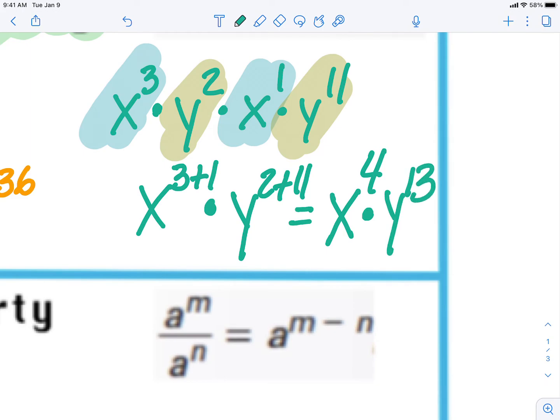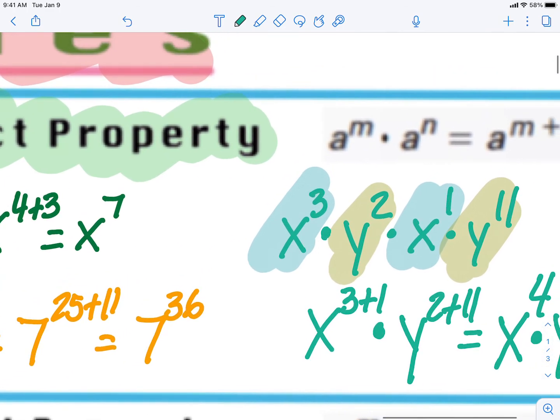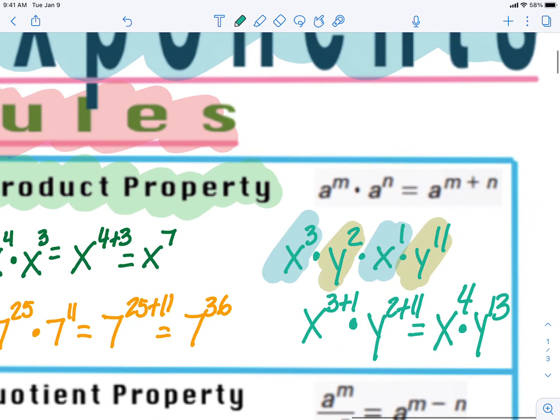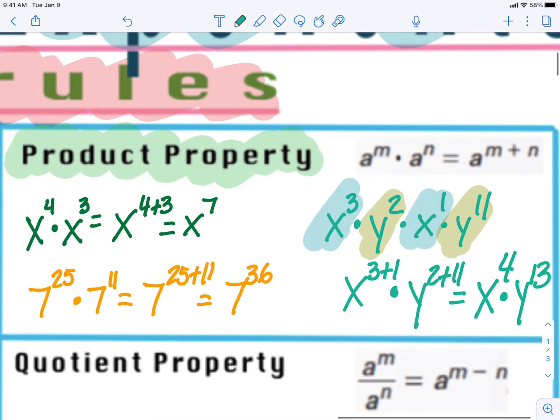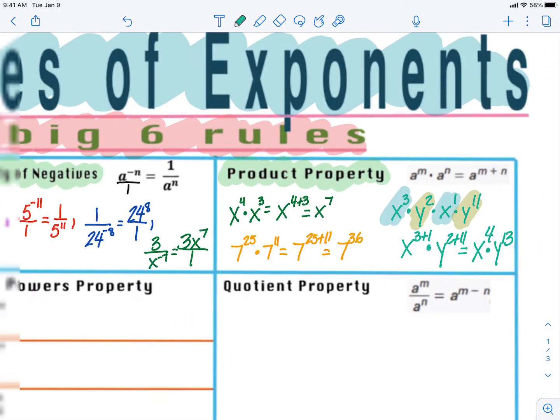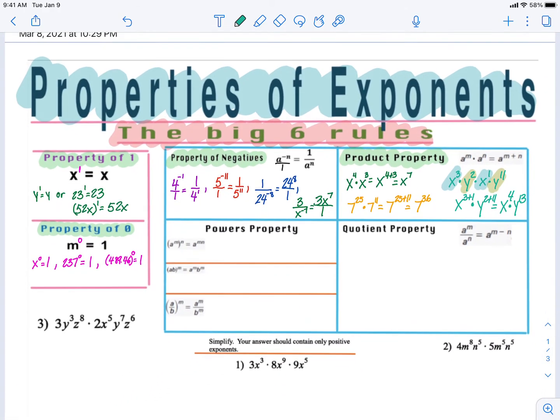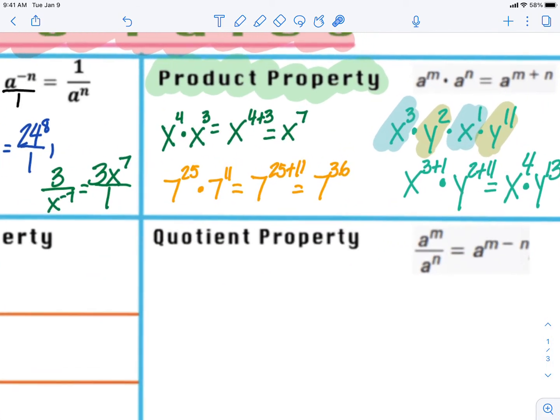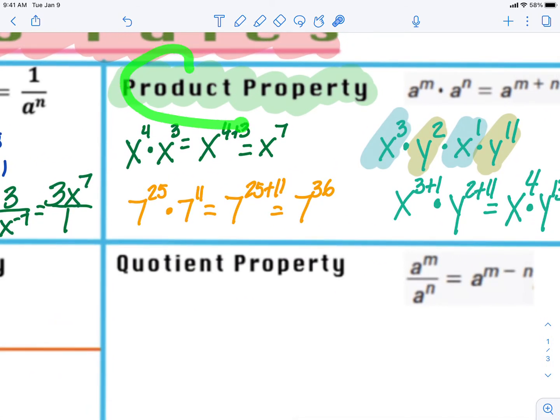Look at that. That is called the product property, right? It means that if we have the same base, we can add the exponents. So this is what we're going to cover today, okay? The other properties, the powers property and the quotient property we'll cover next time. But today we're going to focus on the product property.